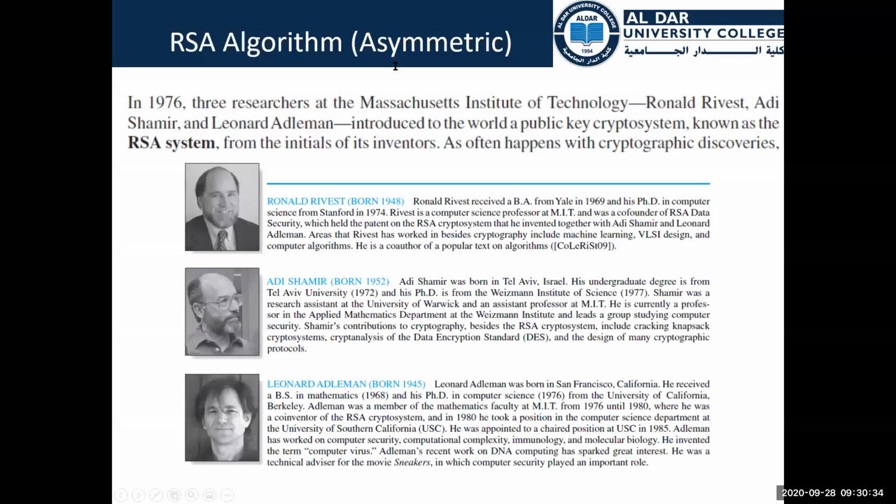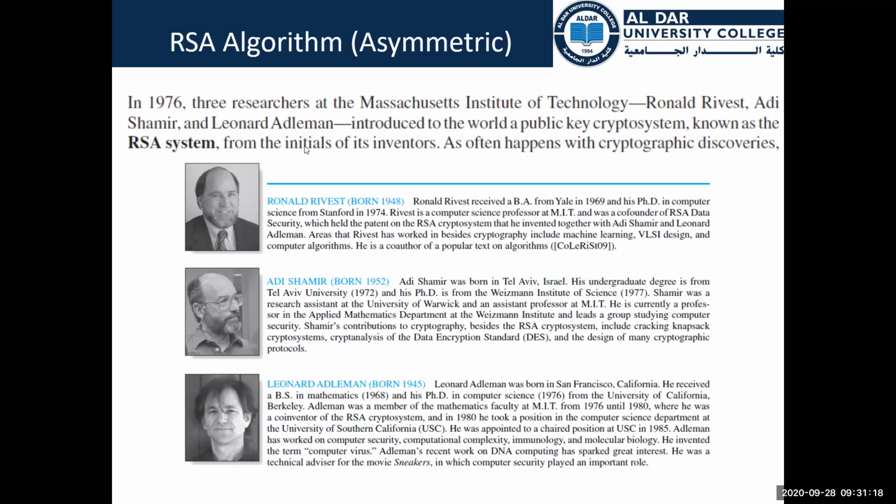RSA is important and used in cryptography as public key cryptography; public key and asymmetric are the same name. The name RSA came from the names of the inventors of this algorithm: Rivest, Shamir, and Adleman. They are the three scientists who developed this algorithm.